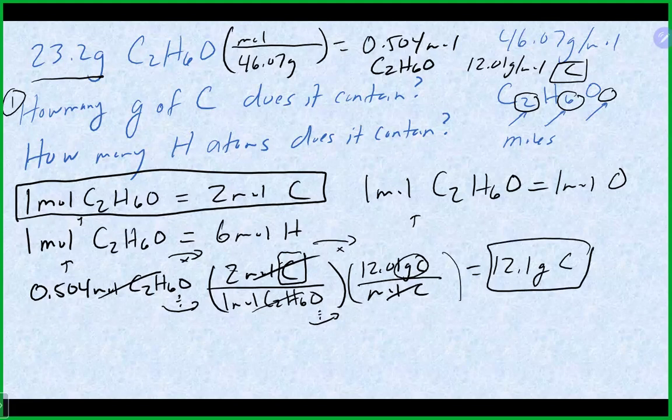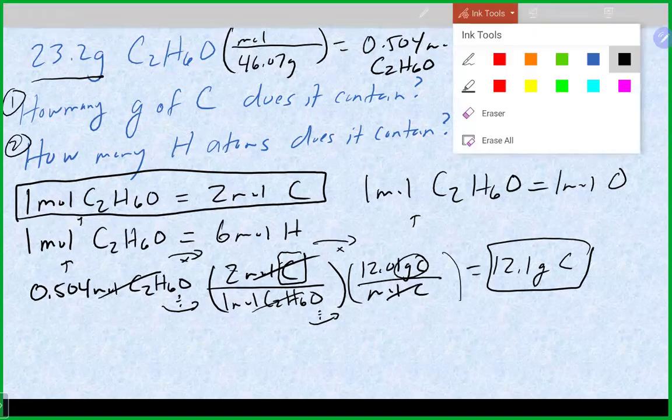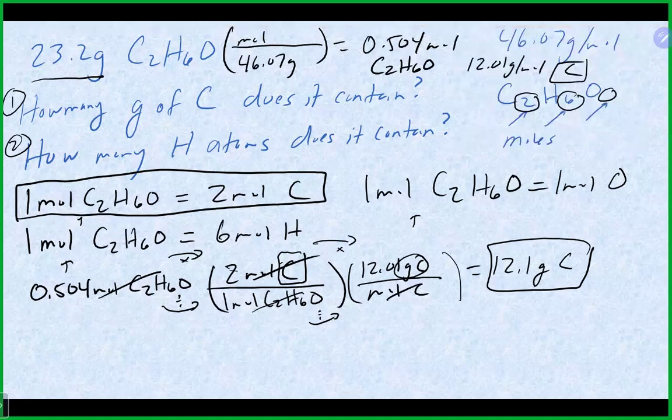Questions on that calculation? Now we could also do the second calculation here, which is we are interested in how many hydrogen atoms there are in this. And the deal on this is I am looking for hydrogen atoms, which tells me Avogadro's number needs to be involved in this calculation.